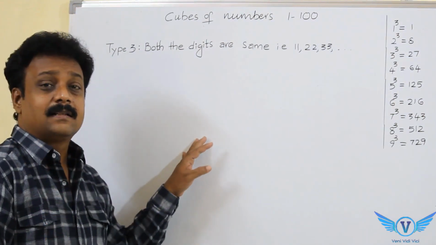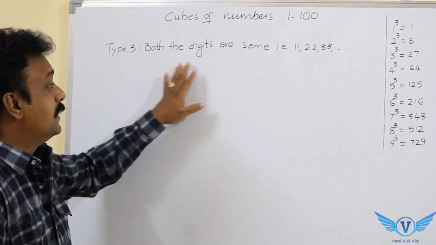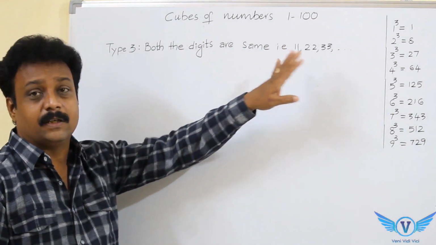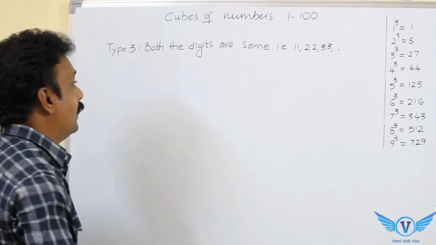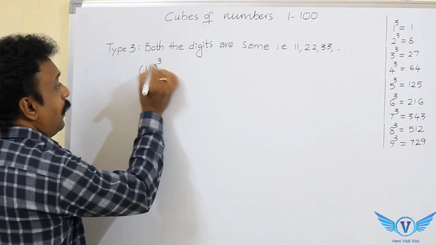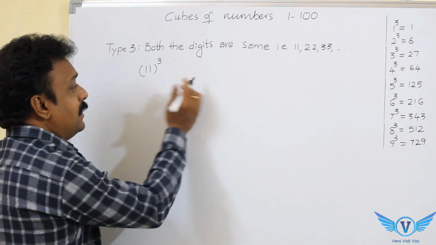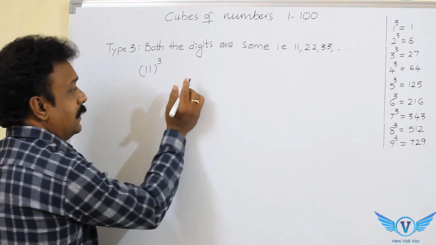Now let us see type 3. What is type 3? Both the digits are same. 11, 22, 33. Let us take 11 cube. Here what we do is, we write the cube of the digit.